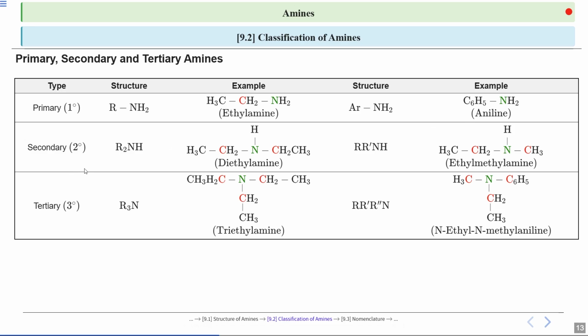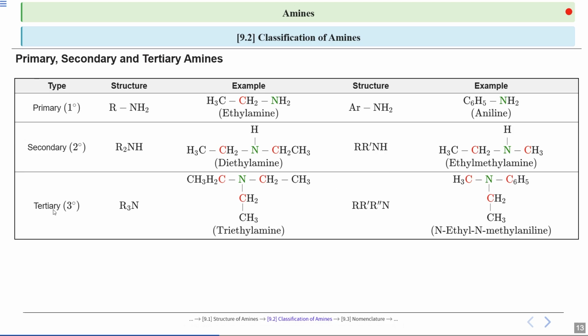Now if I look at secondary amines, then 2 hydrogens of ammonia are replaced by alkyl or aryl groups. Okay, so if you see over here, I have replaced 2 hydrogens with 2 ethyl groups. So I have got diethylamine. In this case, I have replaced 2 hydrogens, one with a methyl group and one with an ethyl group. Okay, so I have got ethylmethylamine.